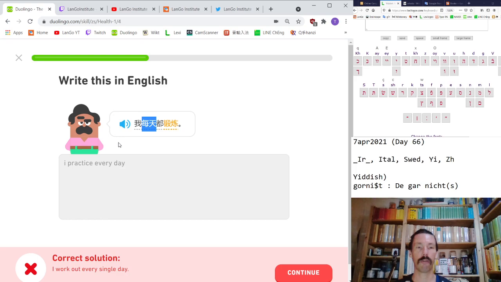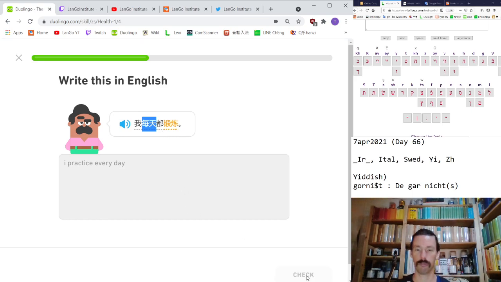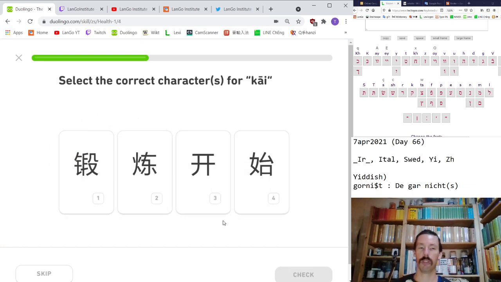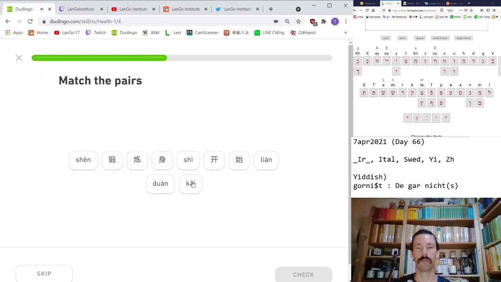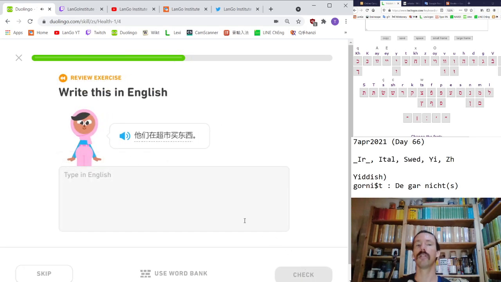Time word goes after the topic, at the head of the predicate. Let's say I every day include all. Everyday all workout. 他们在超市买东西。 Okay, series of verb phrases.